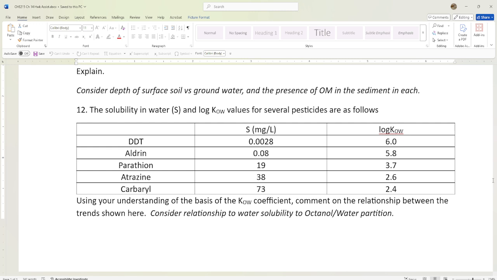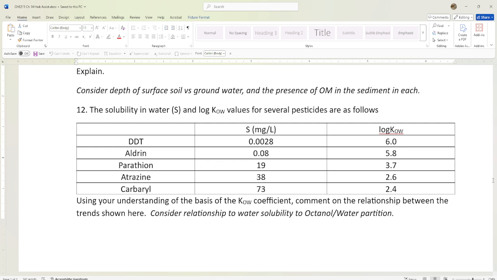Aldrin, a little bit more soluble, a little bit lower KOW. Parathion, higher solubility, lower log KOW. Atrazine, higher still, lower log KOW. Carbaryl, very high solubility, much lower log KOW.